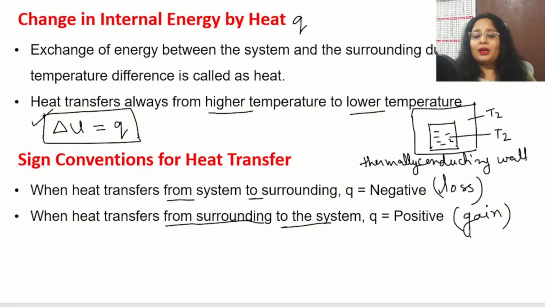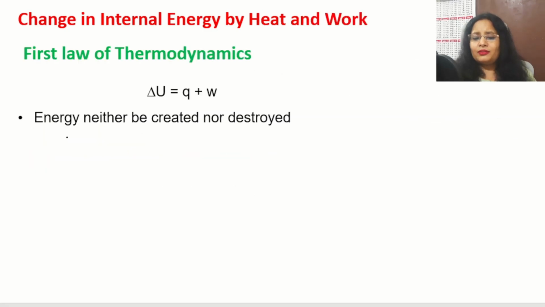Now come up to one more point. Change in internal energy, if we study it together, by heat and work. In normal cases, it is not possible only by heat or only by work, but we have to study it together. In whole, when we study, the equation comes out: delta U, change in internal energy, is equal to heat plus work done.